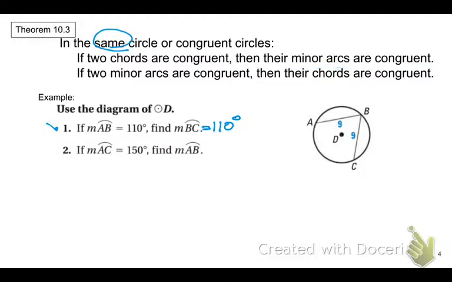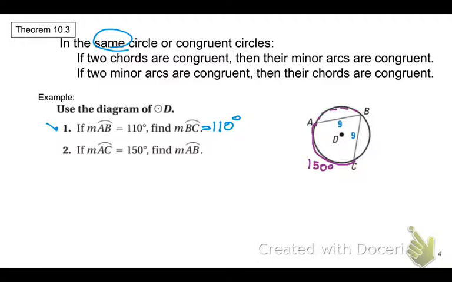Again, we're working on the same circle. Now, the measure of arc AC is 150 degrees, and they want us to find the measure of arc AB.